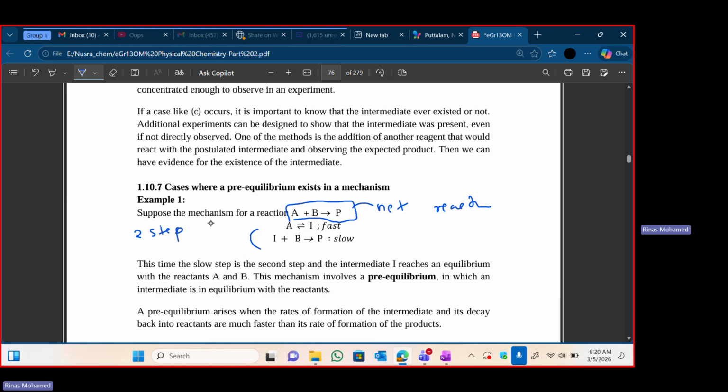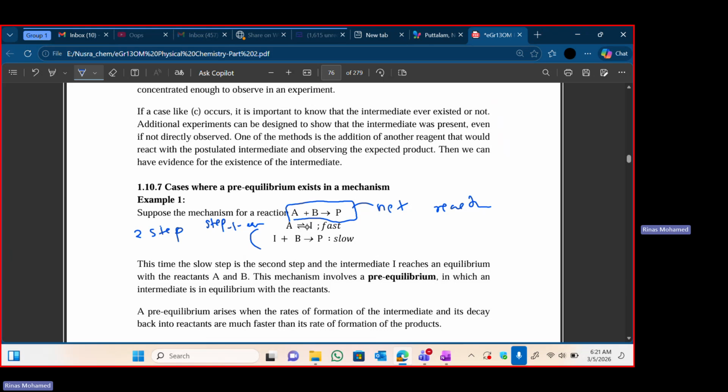But step 1 is an equilibrium reaction. In that, A produces an intermediate I, but that is a reversible, equilibrium reaction.